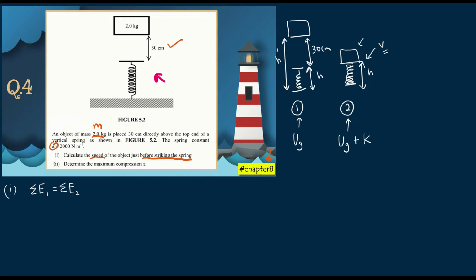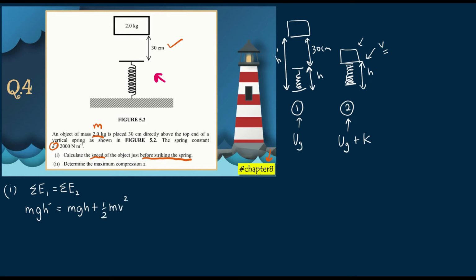That's why we have the velocity. You can straight away put the equation: mgh prime equals mgh plus half mv squared.